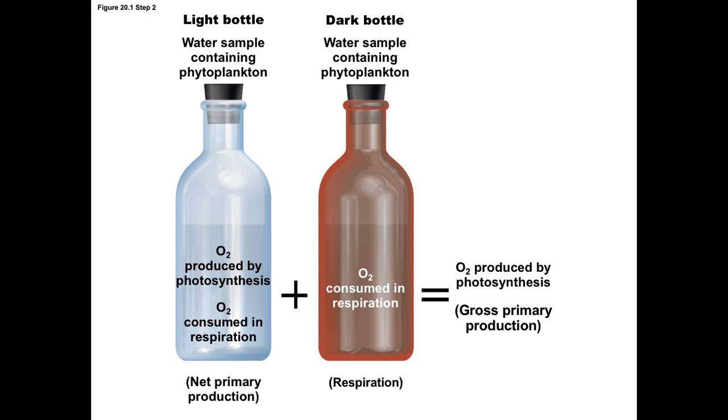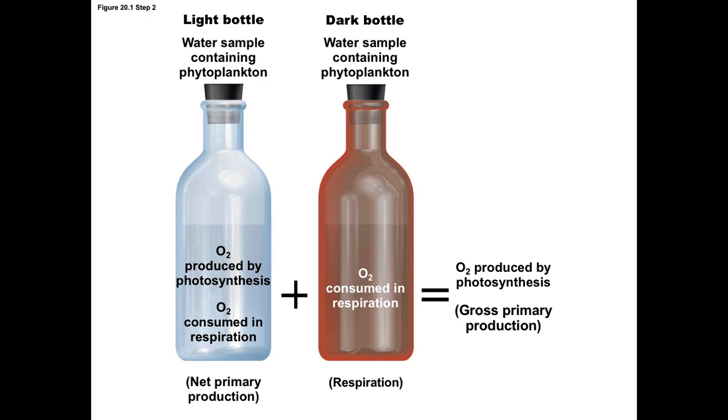So if we set up an experiment simply with a clear bottle filled with water and some plankton, and put that in an illuminated area to stimulate photosynthesis, we can measure how the oxygen changes over time. And what we'd see is a steady increase in oxygen as illumination stimulates photosynthesis.